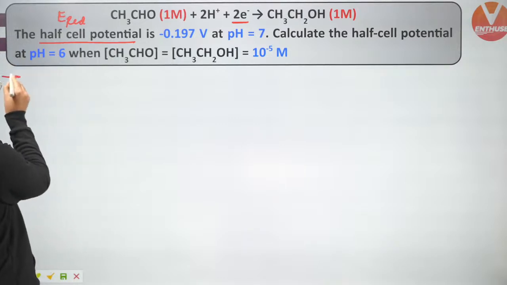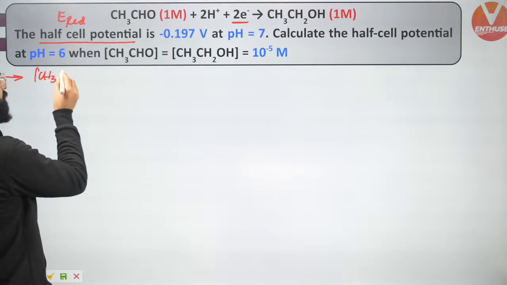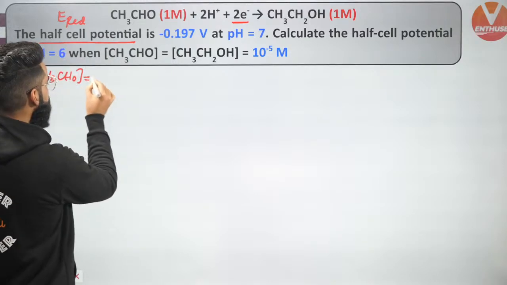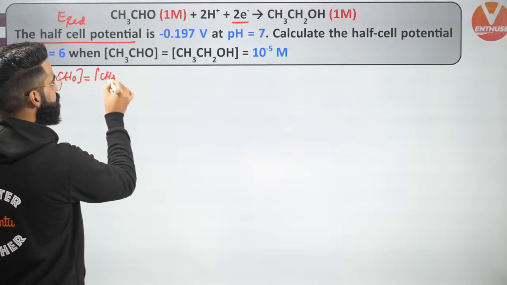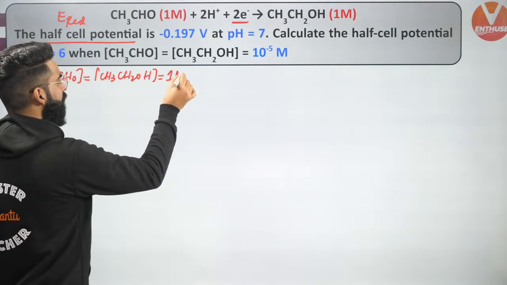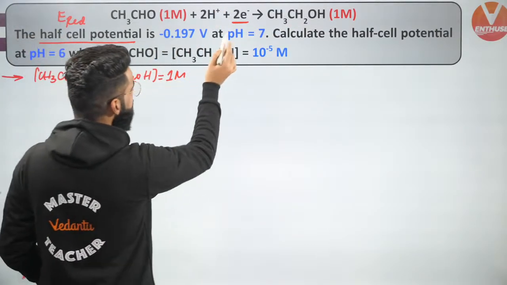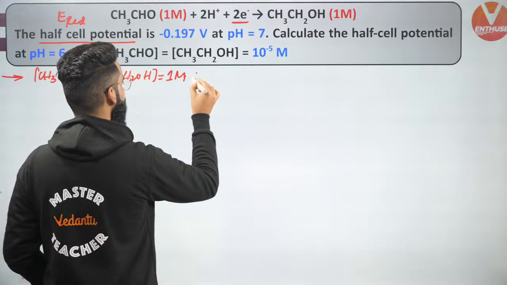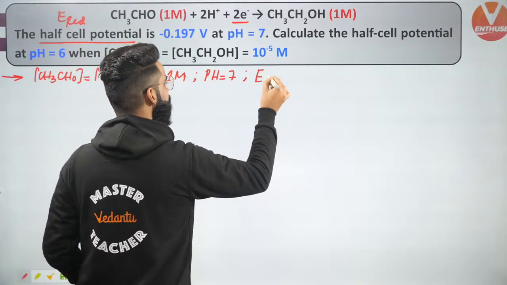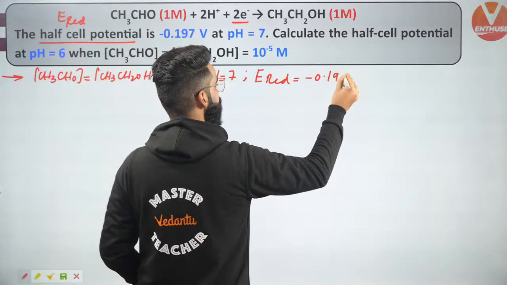When the concentration of CH3CHO is equal to the concentration of CH3CH2OH, both are equal to 1 molar, and pH at this time is equal to 7. So right here, at this time, the reduction potential value is given to me as minus 0.197 volts.